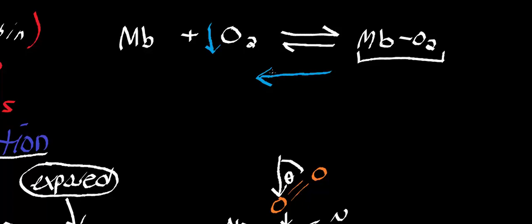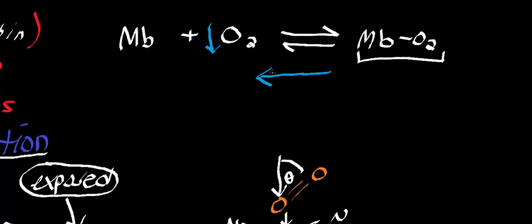If for some bizarre reason your PO2 gets lowered, it's kind of like having a spare tire. You don't always use your spare tire, but if you get a flat tire, you have something that you can drive with. It's the same way with myoglobin. If for some reason your partial pressure of oxygen drops, you have a spare.